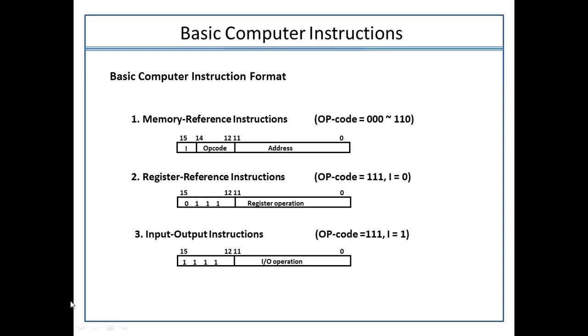Before starting this concept of basic computer instructions, let me revise the instruction format of a basic computer. Remember, the instruction of the basic computer is actually of 16 bits.